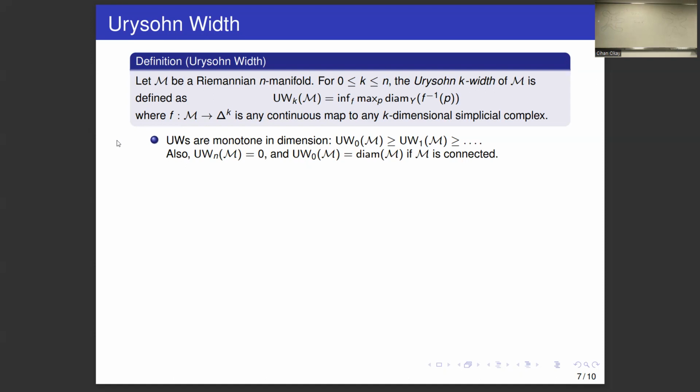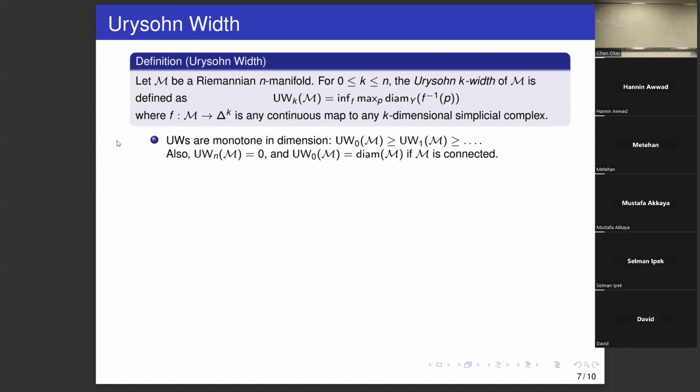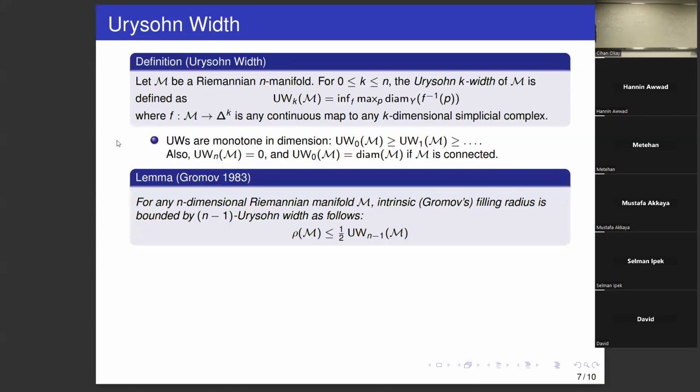And this is a monotone decreasing sequence because of the construction, and you can achieve that in here. So this is Urysohn width, and Gromov also in the same paper showed that Gromov's filling radius is always smaller than n-1 Urysohn width or half of it.